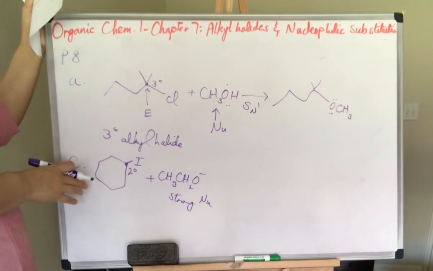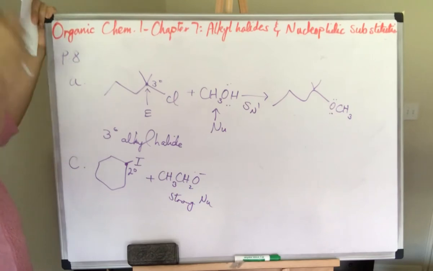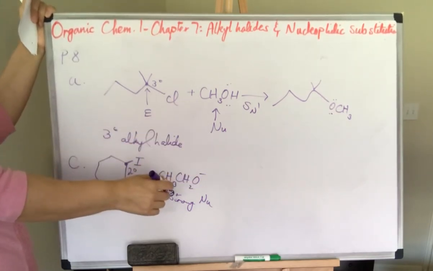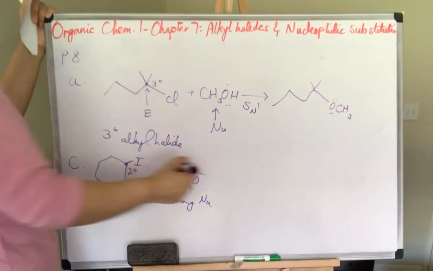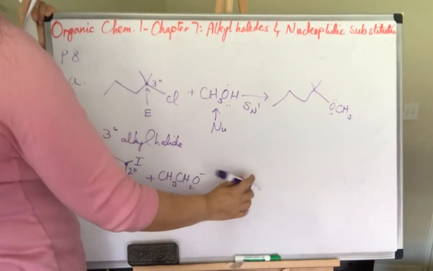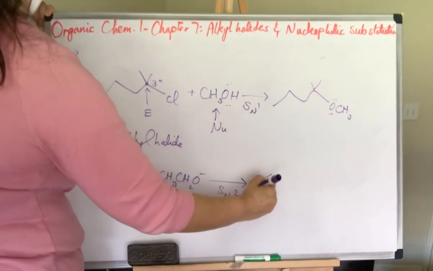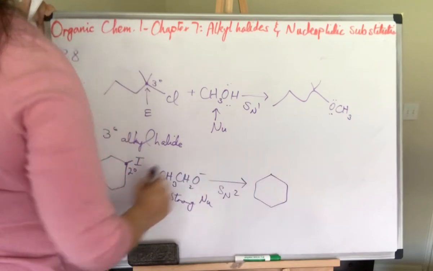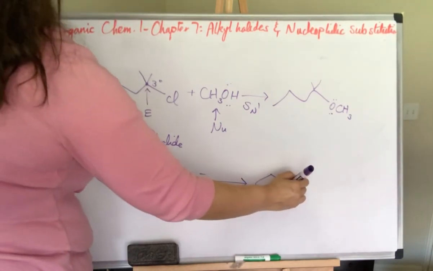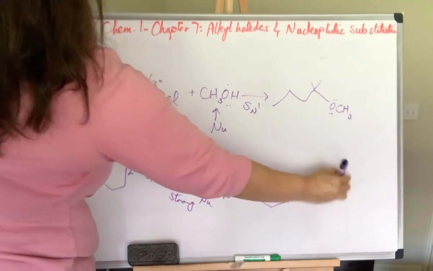For secondary alkyl halides, it's a little bit tricky to determine SN1 and SN2. Here, since you have a strong nucleophile and it can penetrate inside the molecule, most likely SN2 is the dominant mechanism. So the product would be the substitution of iodine with ethoxide.